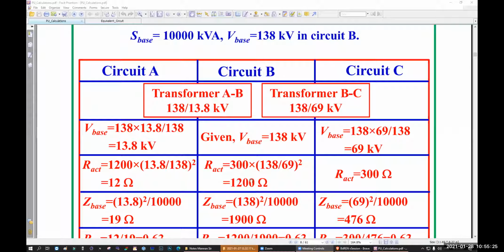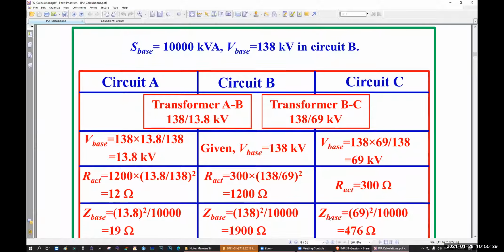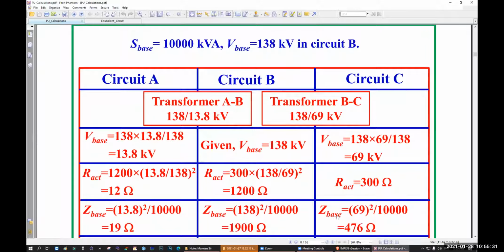Now your base resistance is how much? Z base will be kilovolt square divided by kilovolt ampere, right? Remember? Divided by KVA.